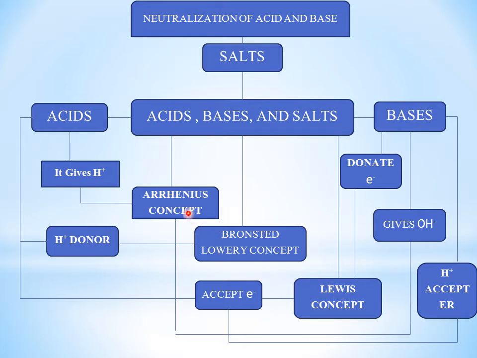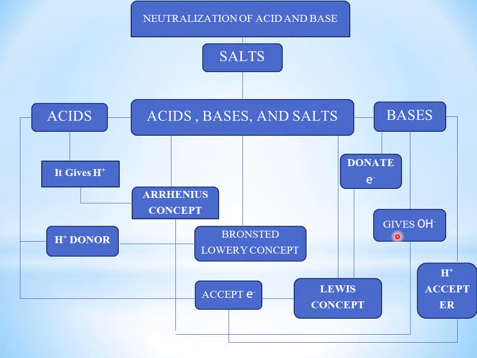Okay, now you can see that acids are those species which give protons in aqueous solution. This definition of acid has been presented by the Arrhenius concept. And if you look at the base, bases are those species which give hydroxyl ions in aqueous solution.